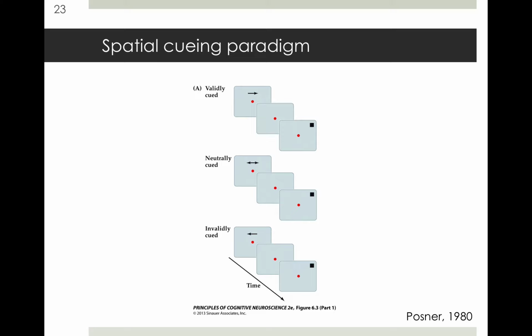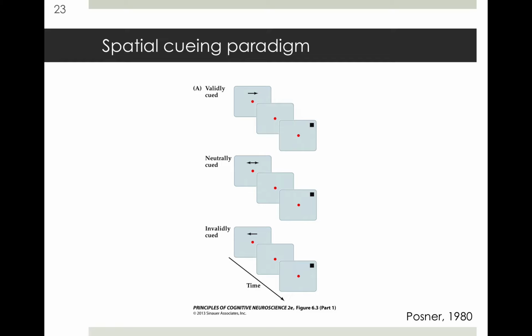In some cases you can have a valid cue, in which case the cue tells you where the target is going to be. Or you could have a neutral cue, where the cue is neither telling you the correct answer nor the wrong answer. Or you could have an invalid cue, where the cue tells you the target is going to show up over there, but instead the target actually shows up on the right side.